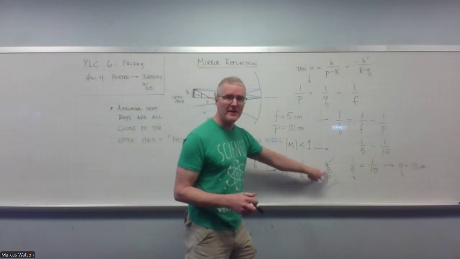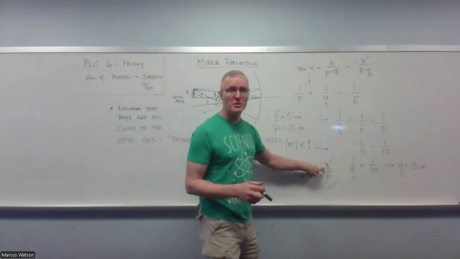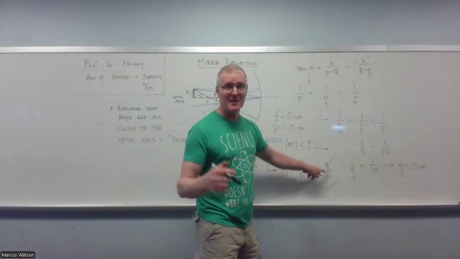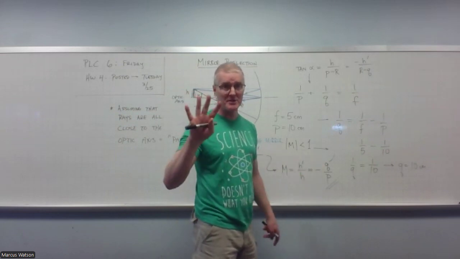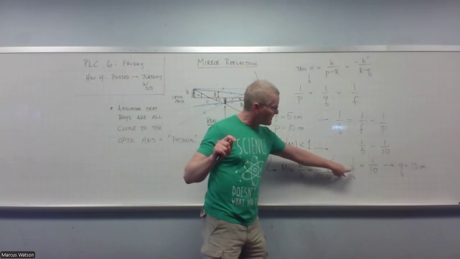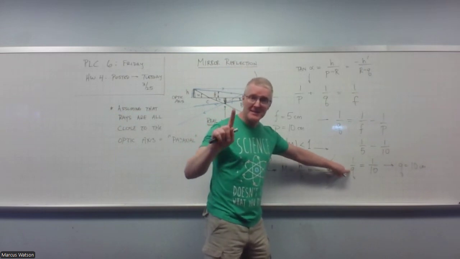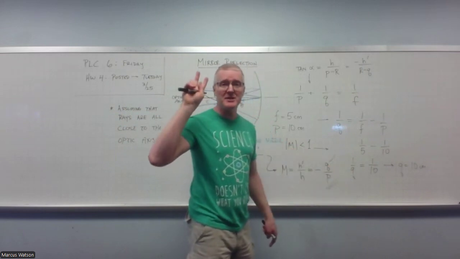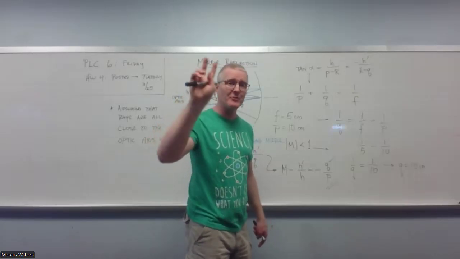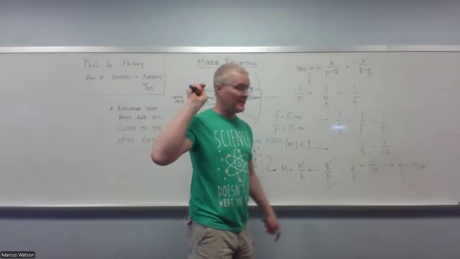Notice what happens when I take the magnification, though. Negative Q divided by P. Q is 10 centimeters. It's positive. This is a tip-off to the 4 questions. The image distance is positive. This means the image is in front of the mirror. This means it is a real image. Okay?